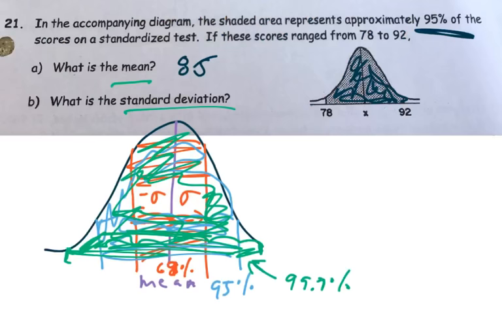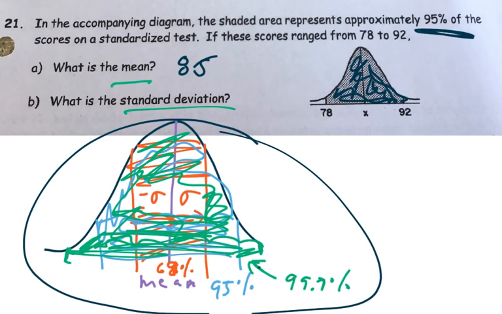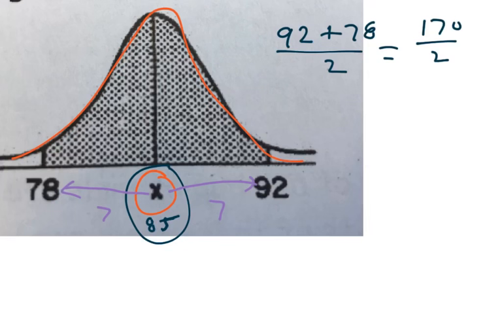Okay. Now, if you remember what I talked about right here about the empirical rule, 95% is two standard deviations each way. So therefore, if I just simply split this in half, that would be 1, 2 that way, wouldn't I? If I split it in half the other way, that would be 1, 2 standard deviations that way.